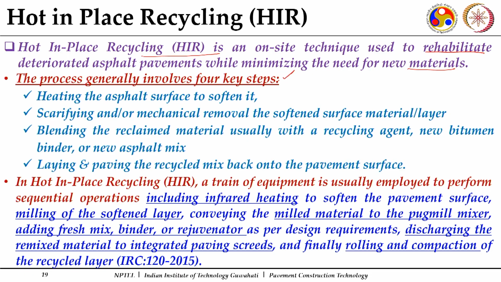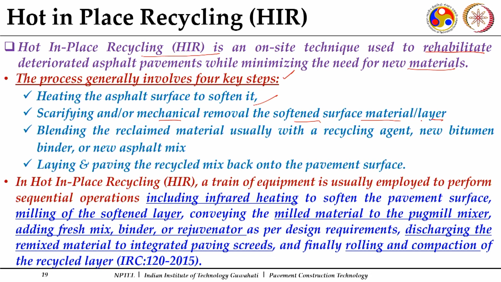The main steps involved, because it has to be done at the site itself, are first to heat the existing asphalt surface to soften it, and then it is scarified, because we have to remove the distressed layer. So scarifying, or mechanical removal of the softened material layer.